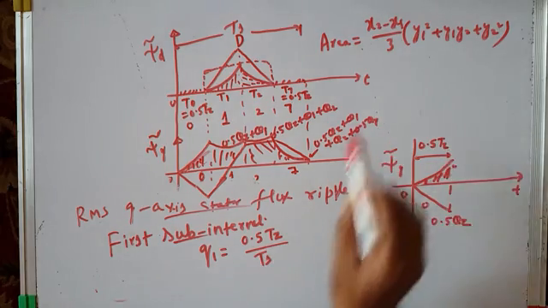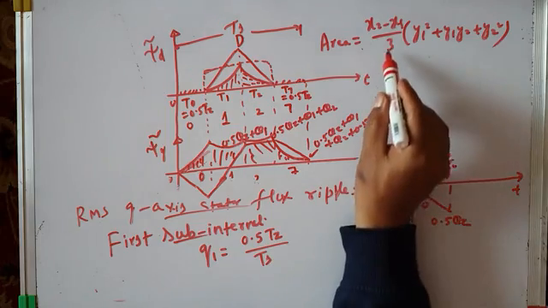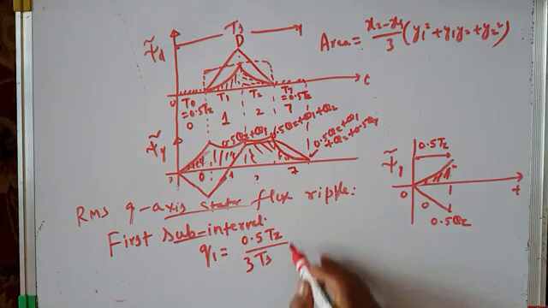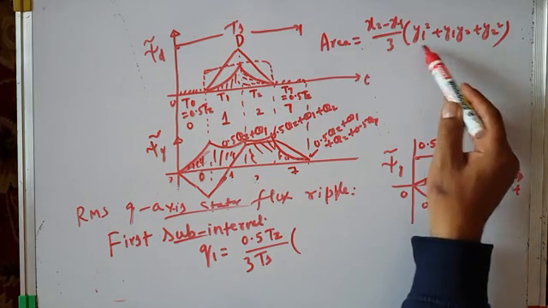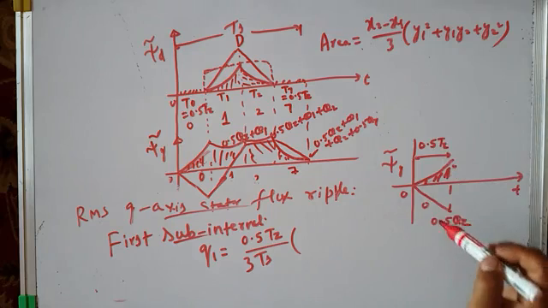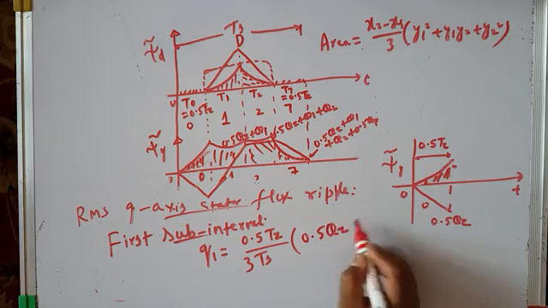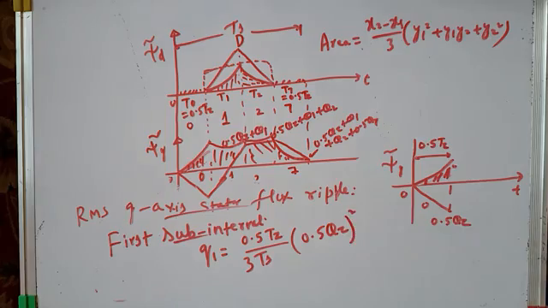Then it is divided by 3 also, multiplied by what is inside. We have only one quantity, 0.5 qz, so it is y1 square only, 0.5 qz whole square.